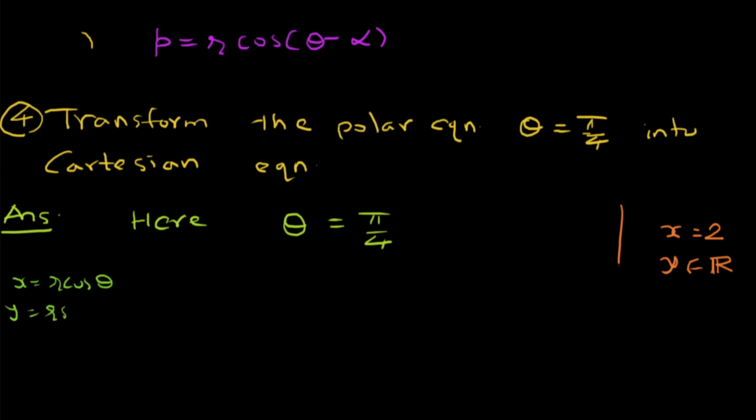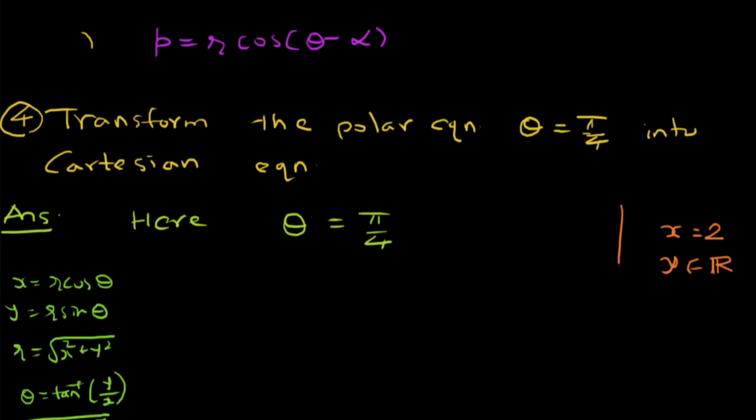If I use this, I need the value of r, but I don't have it in this example, so I cannot use this relationship. Another relationship is r is equal to square root of x square plus y square. This also I cannot use because I don't know what r is. But I have the fourth relationship, theta is equal to tan inverse of y upon x.